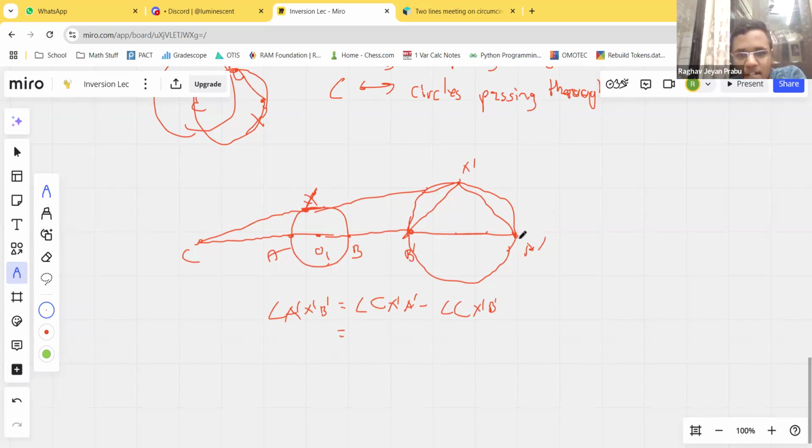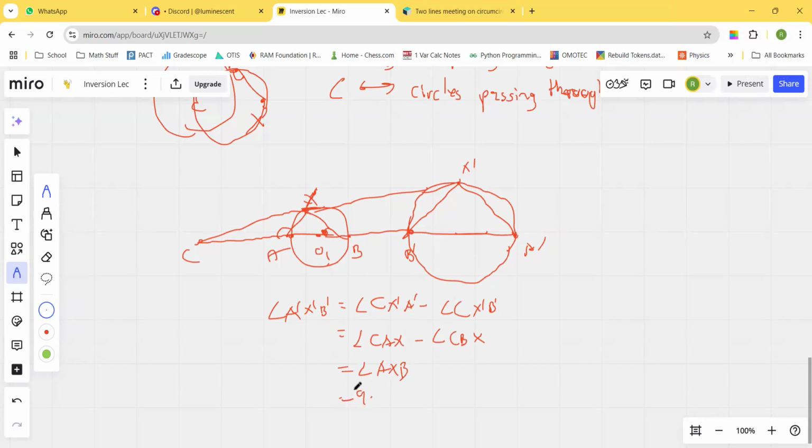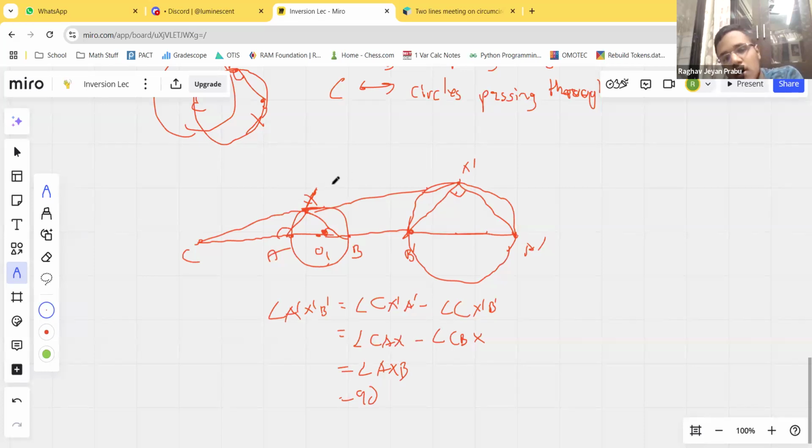Now from our lemma, this is equal to angle CAX minus angle CBX. However, this is just the exterior angle theorem, so this is just going to be angle AXB, which is 90. So you get that A'X'B' is equal to angle AXB, which is 90. Essentially, all points on the circle will also become a circle.